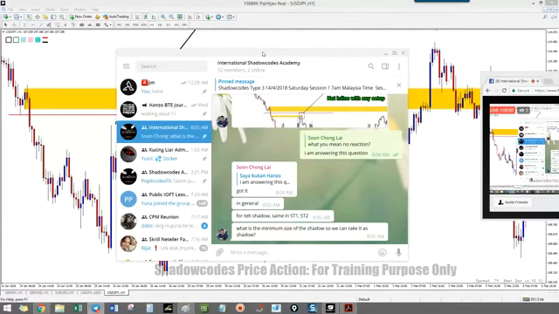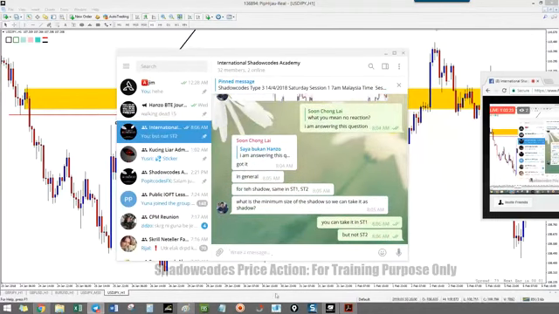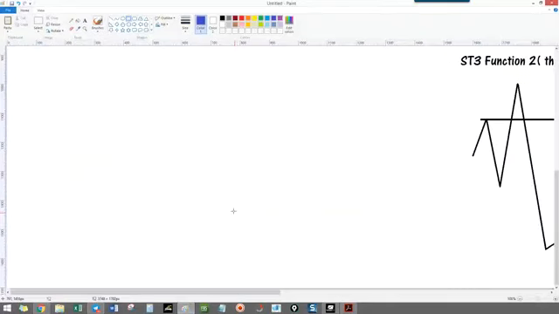What is the minimum size of the shadow so we can take it as a shadow? You can take it in ST1 but not ST2.